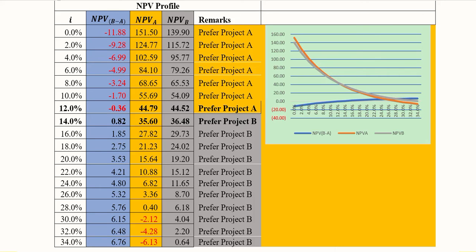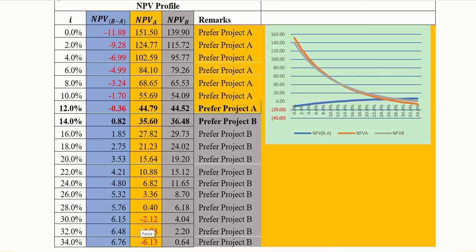NPV at 2% discount rate will be this. So you see that NPV is being calculated at various discount rates. And then NPV of project A at 0% discount rate, NPV of project A at 2% discount rate, and in the same way NPV of project B at, for example, 6% discount rate. So this was the NPV profile.